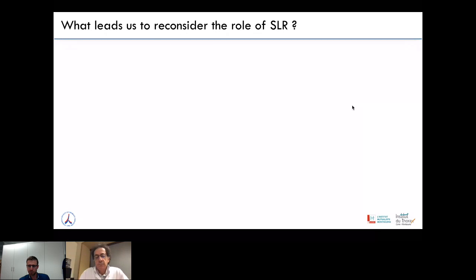So the first question is launched according to the 2003 ACCP guidelines. A stage 1 non-small cell lung carcinoma should preferably be treated by 1, a wedge resection, 2, an anatomical segmentectomy, or 3, a lobectomy.